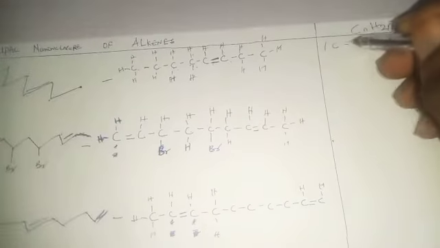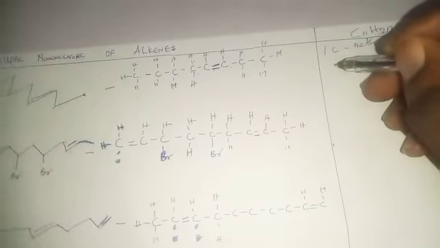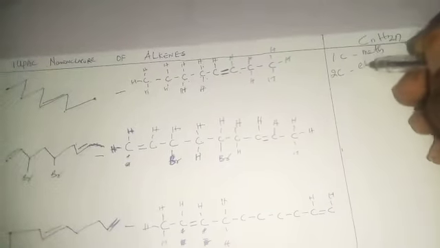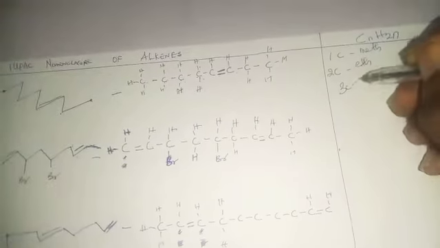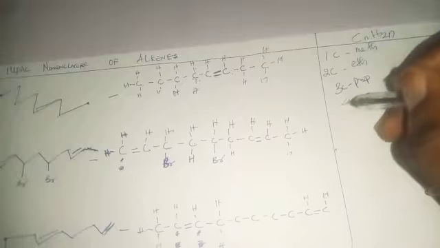We know that if you have one carbon, you have meth. Two carbons, eth. Three carbons, prop. Four carbons, but. Five carbons, pent. Six carbons, hex.